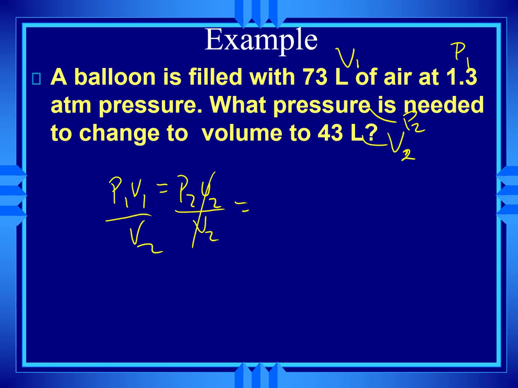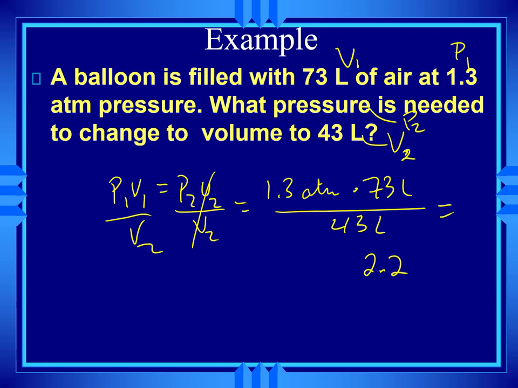So I need to multiply P1 and V1, 1.3 atmospheres times 73 liters divided by 43 liters. 1.3 times 73 divided by 43 is 2.2. The liters cancel out, and I'm left with atmospheres.